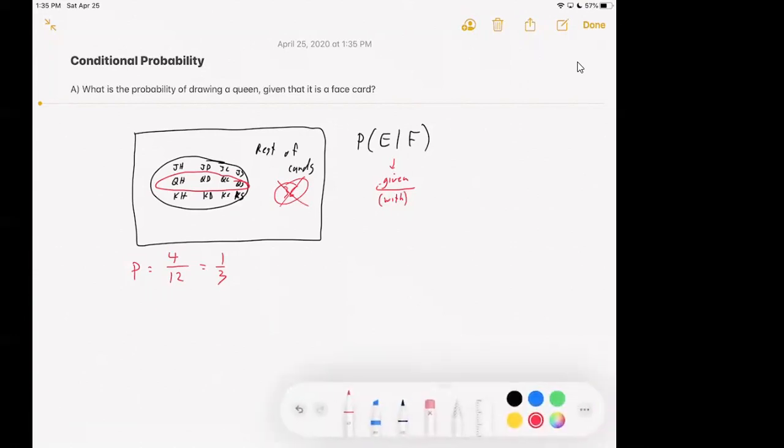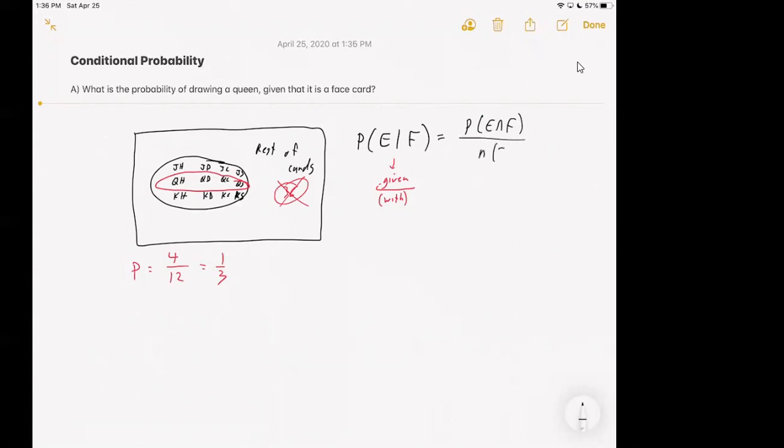Right? Now the formula said we should look at the number of things in E intersect F divided by the number of things in F. Well, that's exactly what we did, okay? I'm sorry, it's not a P here, it's the number of elements or objects in E intersect F over the number of objects or elements in F. So there were 4 queens that were also face cards.